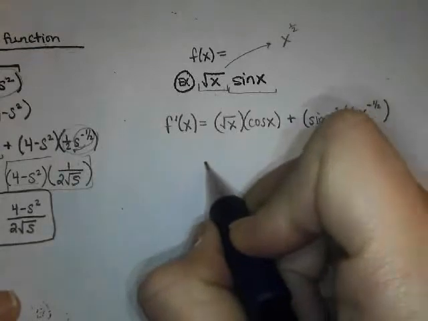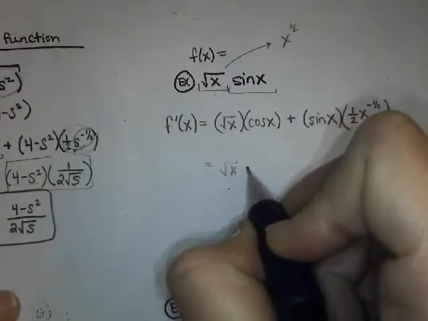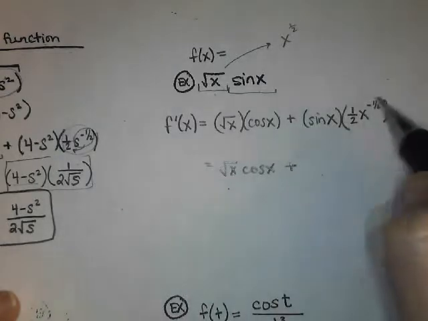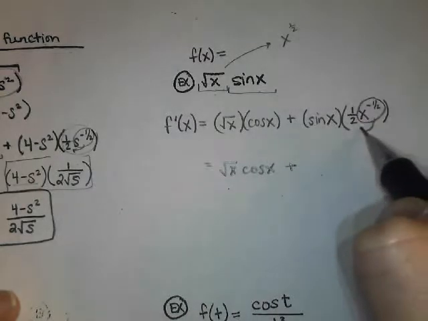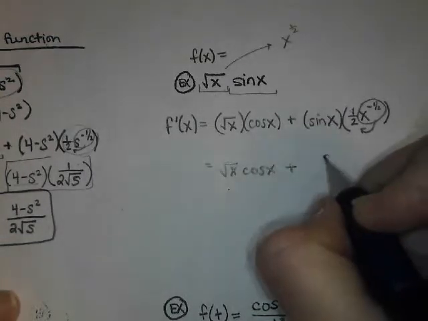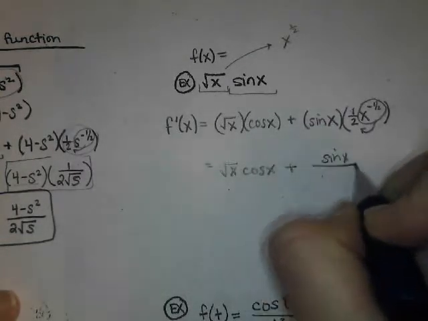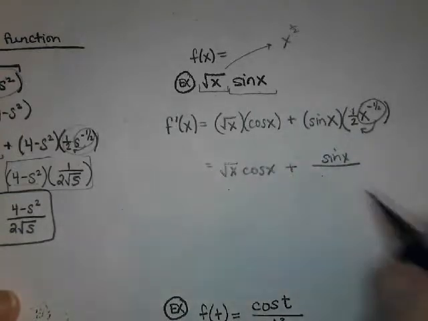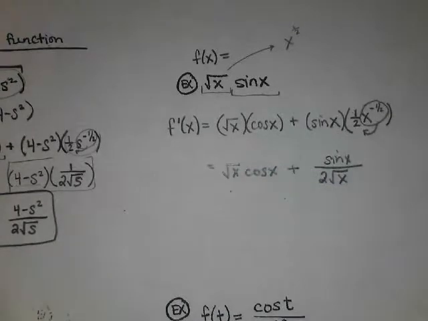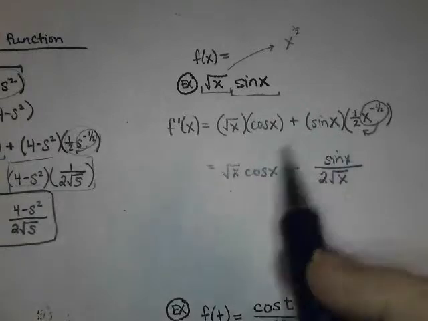This is just root x cosine x. And then I'm going to move this into the denominator. And at the same time, I'm going to do the sine x times 1 in the numerator. So it will be sine x over 2 root x. And that's your derivative.